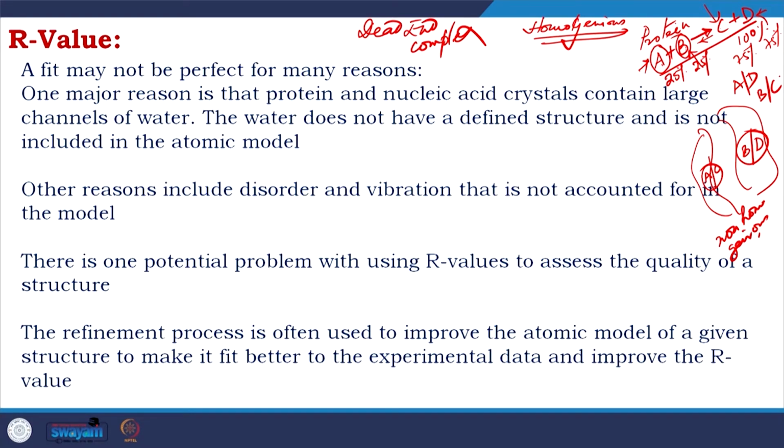The refinement process is often used to improve the atomic model of a given structure to make it fit better to the experimental data and improve the R value. So, in the refinement process, that is the minimization process, it is used to improve the atomic model of a given structure to make it fit better. The more you do refinement, it is like you put something inside a pipe and you move the pipe so that it could fit there, it is like that.